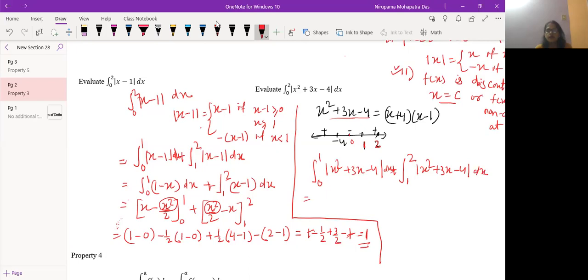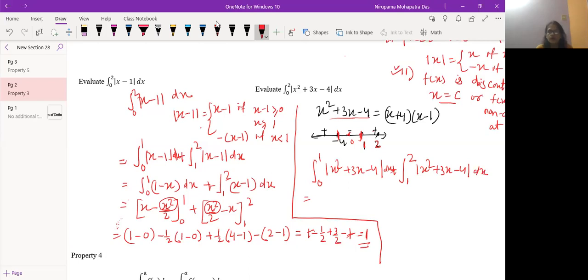It means the number line is divided into three parts: greater than 1, between minus 4 and 1, and less than minus 4. But our interval is given as 0 to 2, so we consider 0 onwards. 0 to 1 means it is less than 1, then 1 to 2. That is the reason we split the interval into two subintervals.